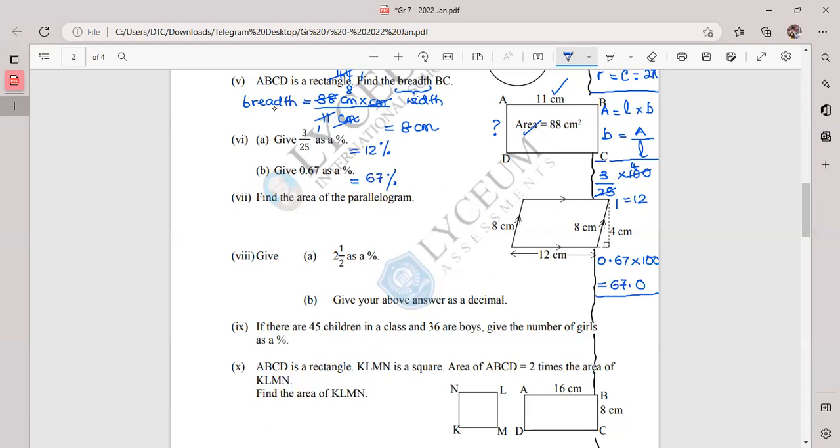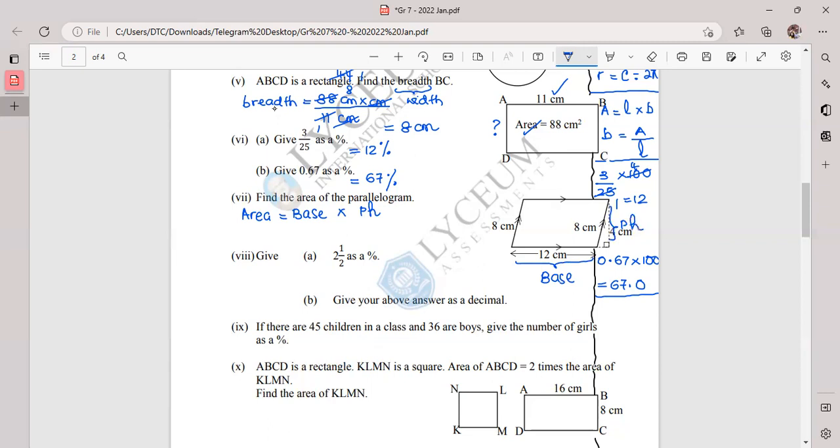Here, you want to find the area of the parallelogram. What is the formula to find the area of the parallelogram, children? It is base into perpendicular height. Right? Now look at this. This is the base, and this is the perpendicular height.